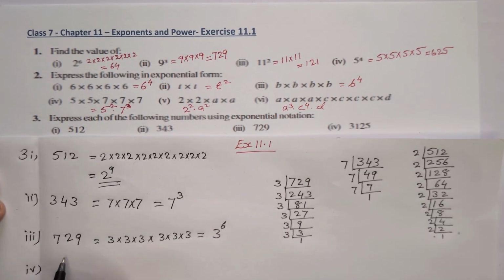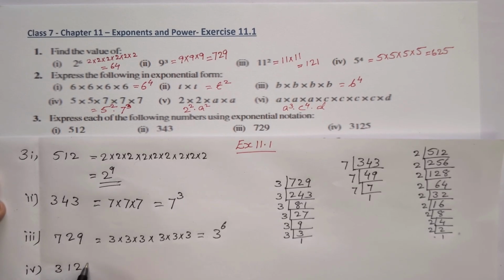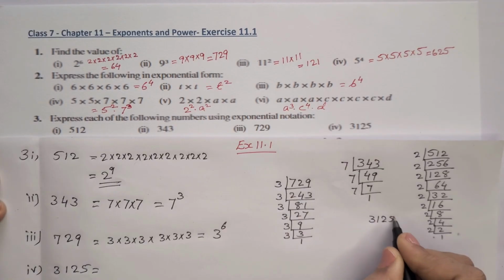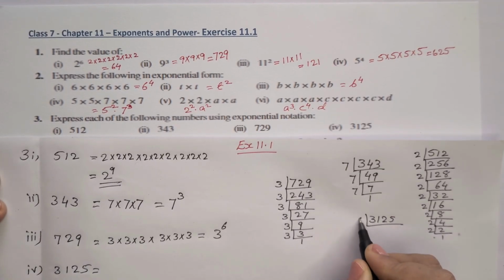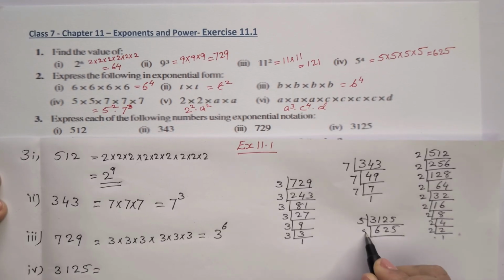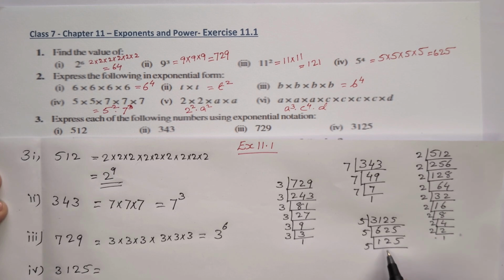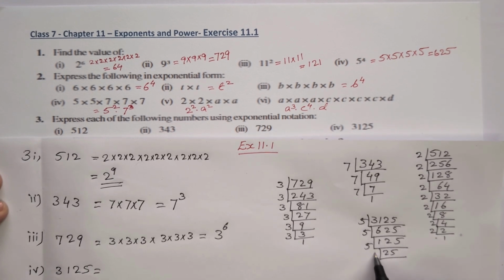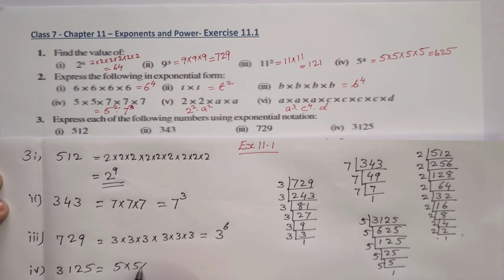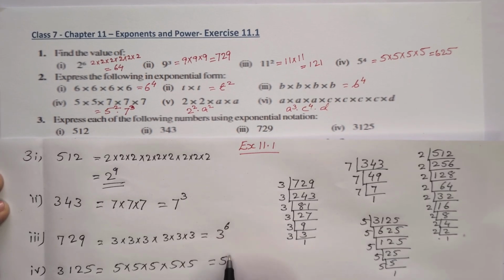Next number, 3125. 3125 we can divide by 5. 625, again dividing by 5. So here 5 five times. You can write that as 5 raised to 5.